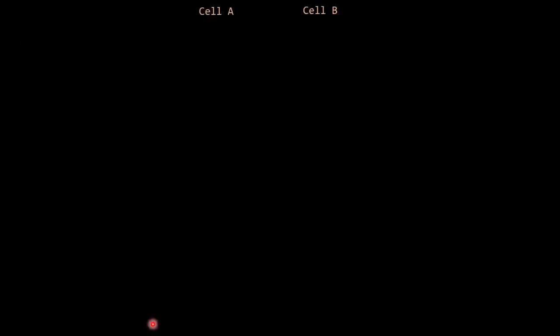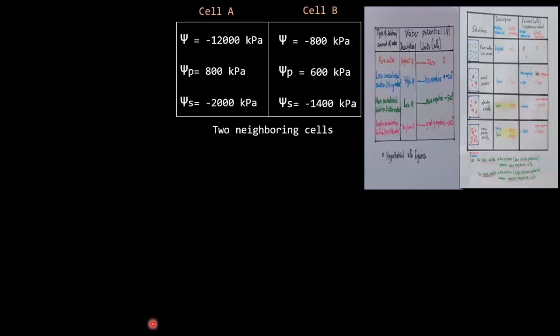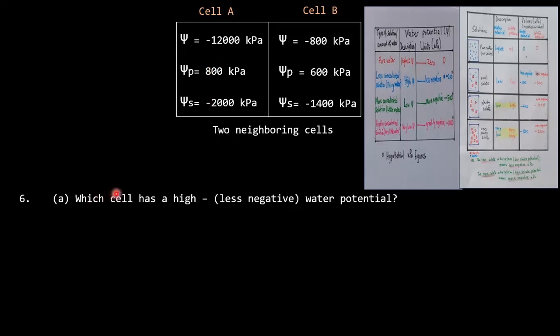This one. We have 2 cells, neighboring cells. This is cell A, cell B. These are their values of water potential, pressure potential, solute potential. Which cell, A or B, has high water potential?